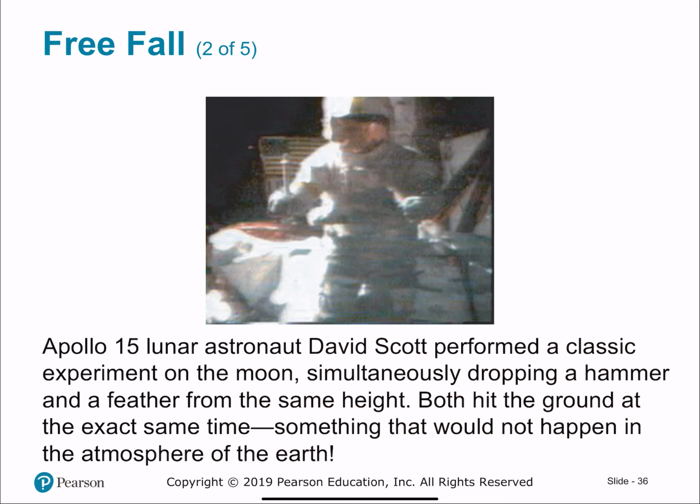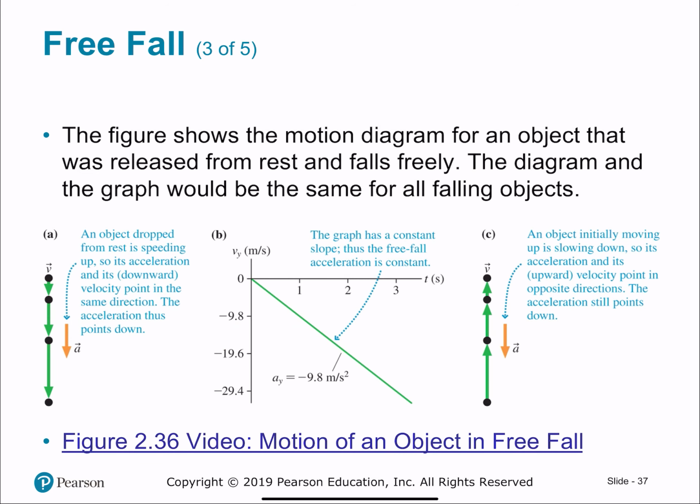So let's see this in a little more detail. Here we have a motion diagram for an object that is falling. So you can see the points at which that object is at different times. And this is the acceleration, which is minus g, if you choose a coordinate system that points up, right?